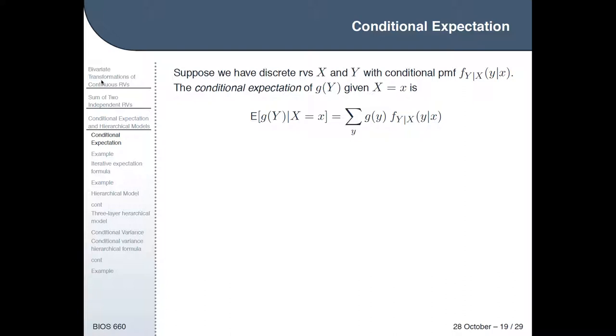But to define conditional expectation, recall the conditional distribution of y given x. It's that assuming we know that x is equal to something, we want to find the distribution of y for that specific value of x. And we talked about how you can calculate the conditional distribution of y given x.